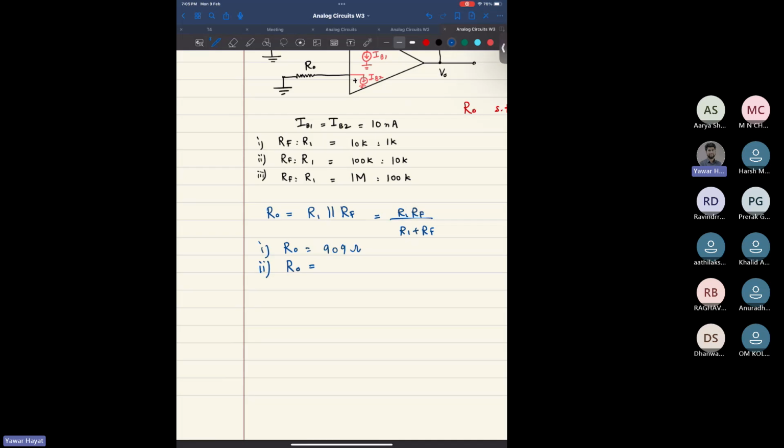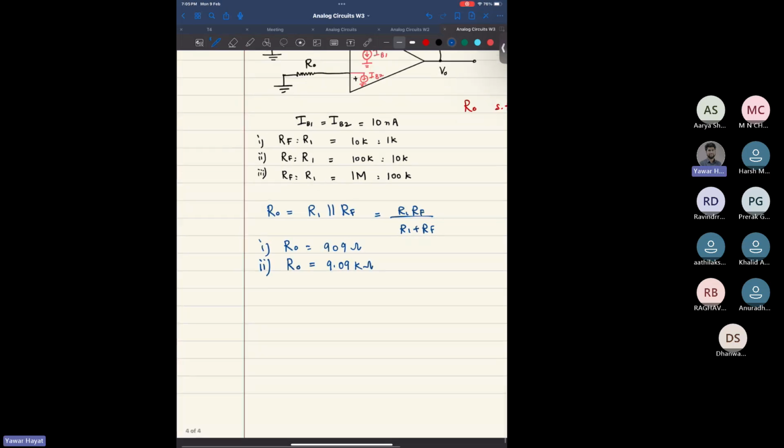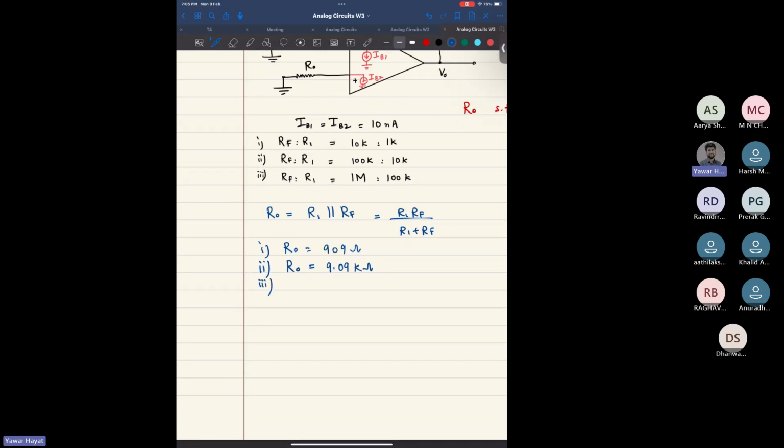Similarly, second part, I'll have these values, right? So it would be 100 kilo times 10 kilo divided by 110 kilo. How much is that? That is 9.09 kilo ohm, correct? And similarly, for third part, R naught would be how much?